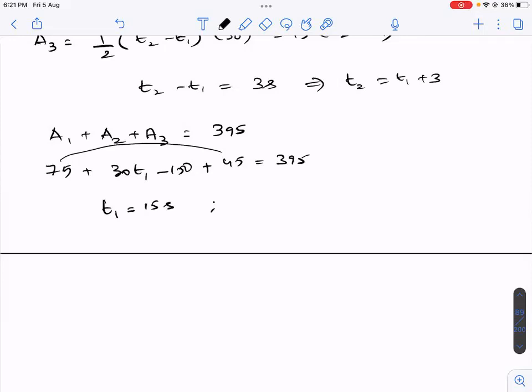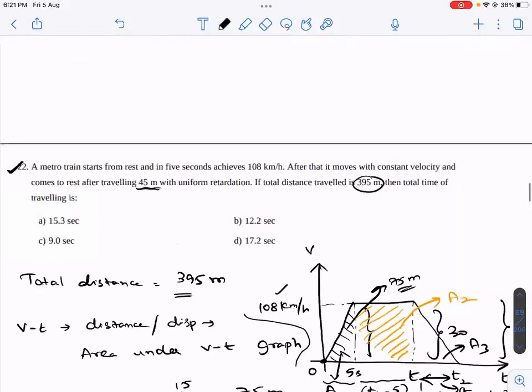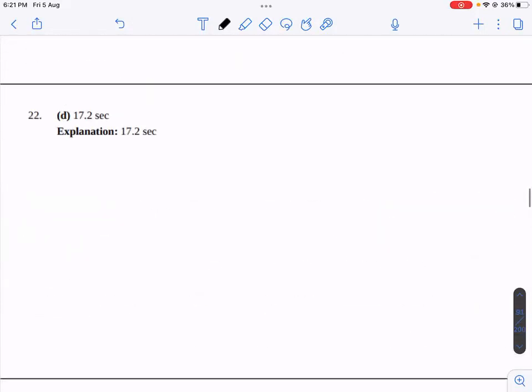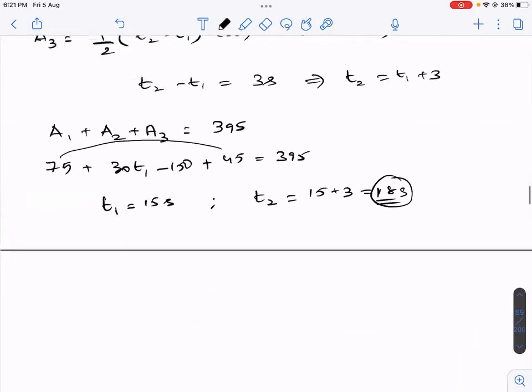T1 is 15 seconds means T2 will be 15 plus 3, which will be 18 seconds. So the total time the object has traveled, or the train has traveled, is 18 seconds. So actually, it's not 18, it's coming out to 17.2. That will be the right answer. Let me check. Yeah, 17.2.